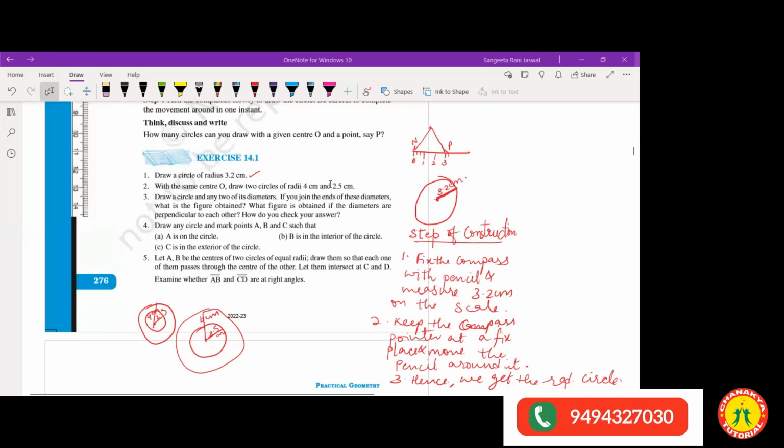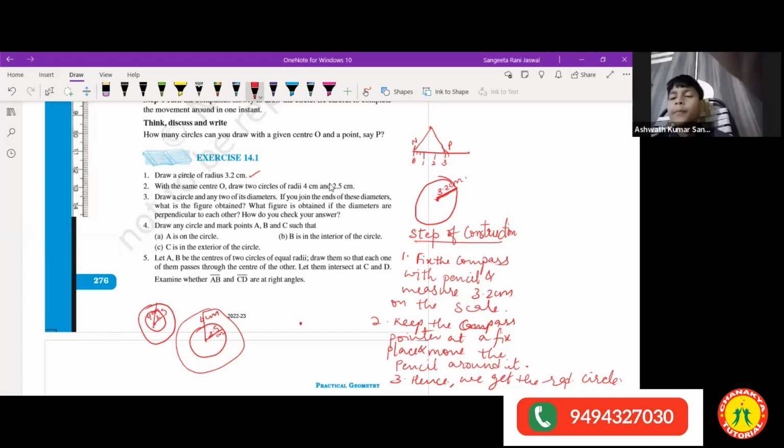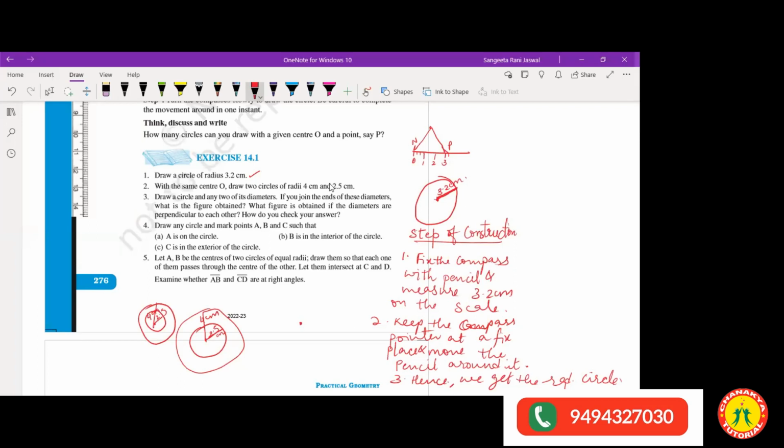Okay, now I was saying that you have to make 2 circles with the same center. Suppose this is the center, you know how to make a circle? Take radius 2.5 centimeter and make one circle, okay?